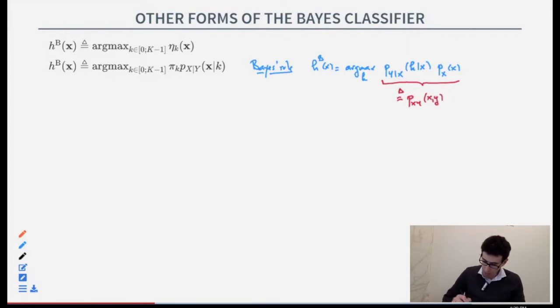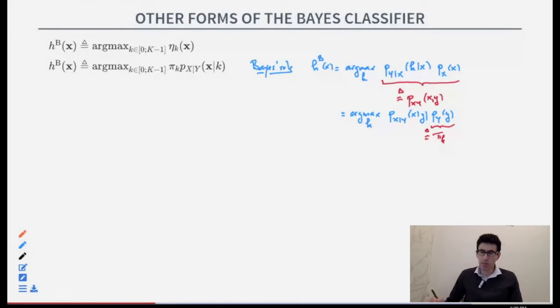And there's nothing that prevents me from expanding it using the other conditional probability and write it as the argmax over k of p(x given y) times p_Y(y). But p_Y(y) is exactly what I called pi_k by definition. And hence, that expression that I gave you is indeed completely equal.